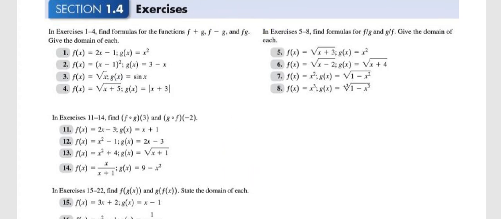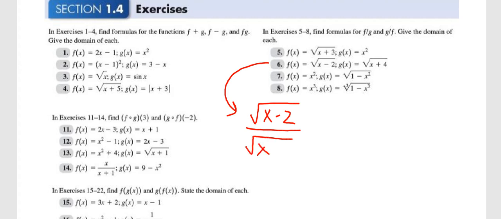Okay, you said 6 or 8, and for 6 we're looking for f of g of x. Alright, so here we've got square root x minus 2 over square root x plus 4. Strictly from an algebraic perspective, x minus 2 has to be greater than or equal to what? 0.